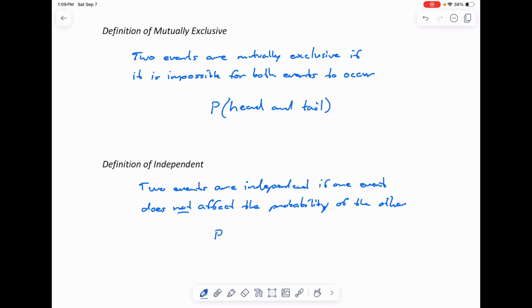So probability of a head and a 6 would be independent events for that reason. They can both happen when they're independent, but one doesn't affect the other. So that's the difference. Mutually exclusive, they simply cannot happen together. They cannot coexist, so to speak.